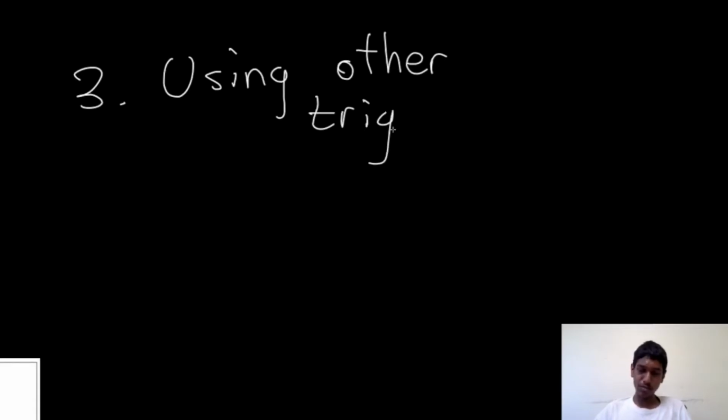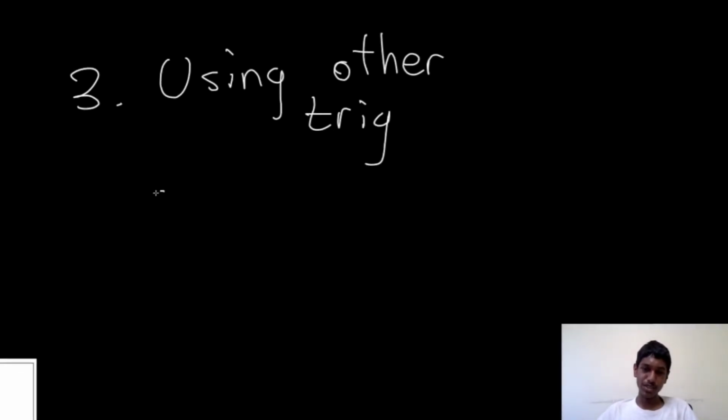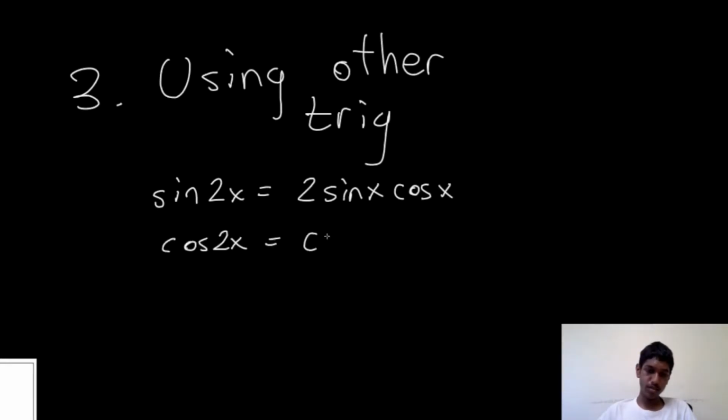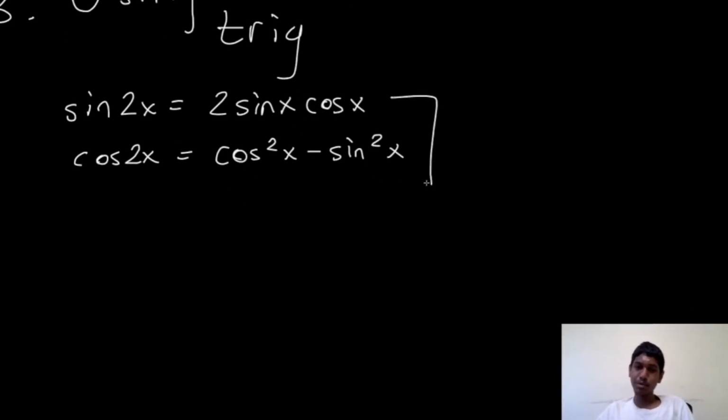There are more trig identities other than the Pythagorean ones, and they can in fact help you out. But the two big ones are this one and this one. With these, you should be able to get around most problems, hopefully.